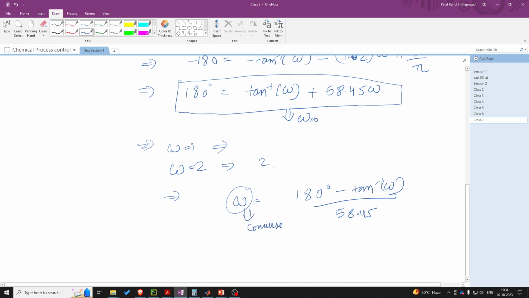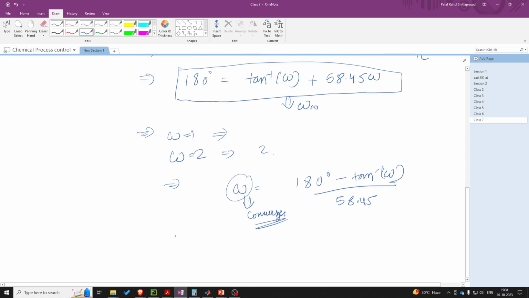So you can use any of the two approaches, whatever suits you. So once you do that, you can get the value of omega c0 as around 2.